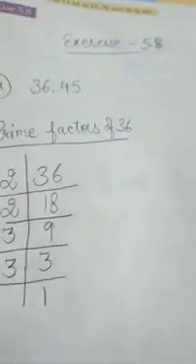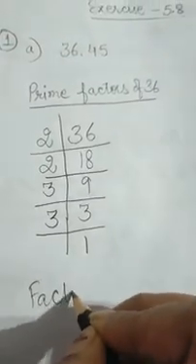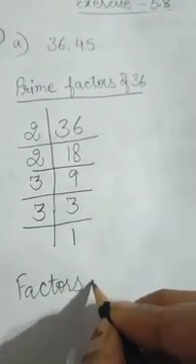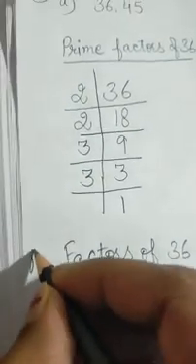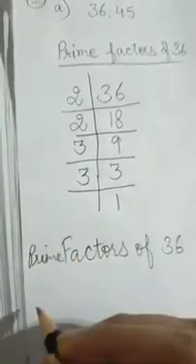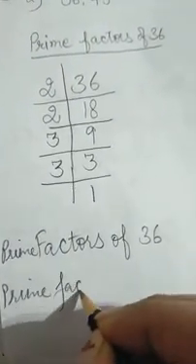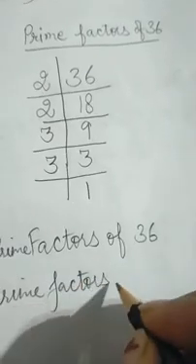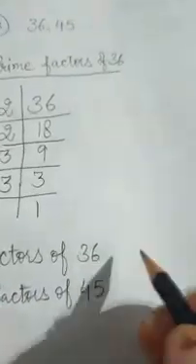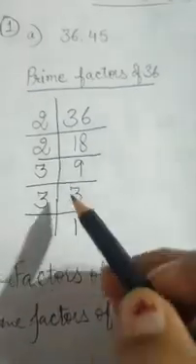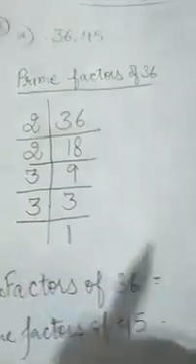Yes friends, now we will write the prime factors of 36 and the prime factors of 45. 36's factors are 2 multiply 2 multiply 3 multiply 3.